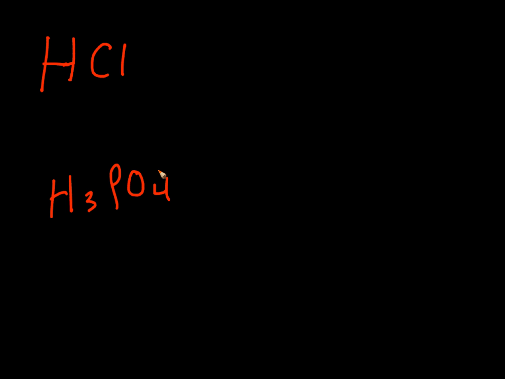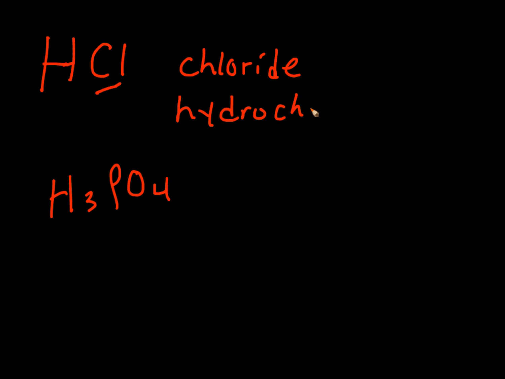First one, we have a binary acid, and our anion is chloride, so it ends in IDE. So it's going to be hydrochloric acid.